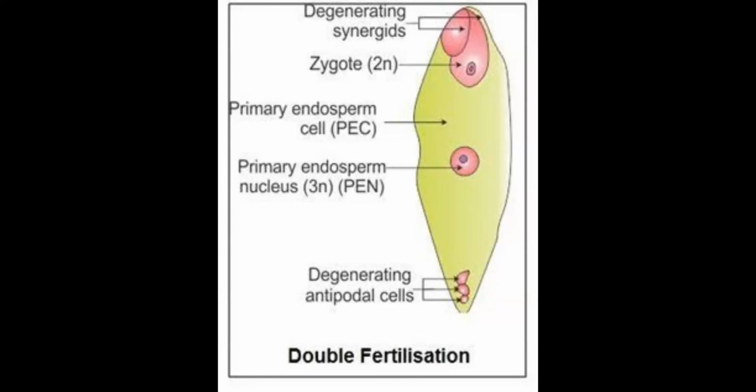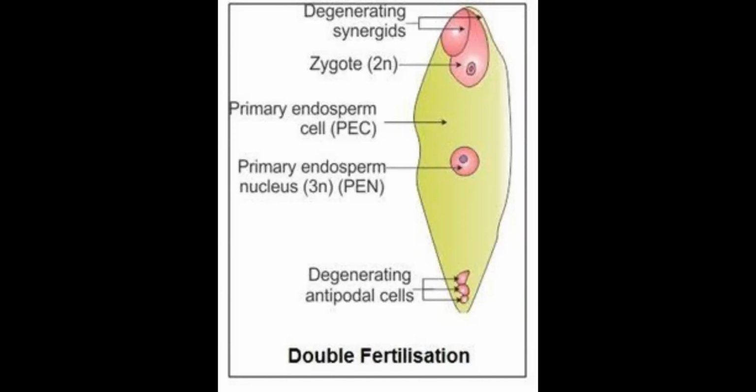Meanwhile, what happens to the other synergid as well as the antipodal cells? Correct, degeneration of these cells, they get degenerated. So literally in an embryo sac, at the time of entry of male gametes, how many cells are left?